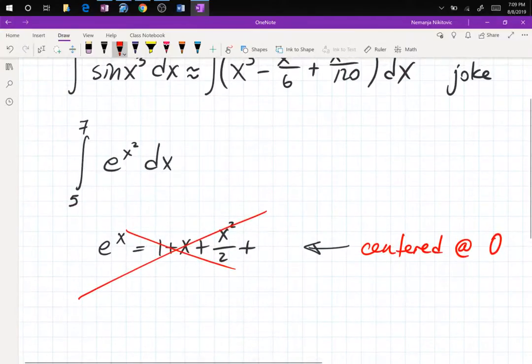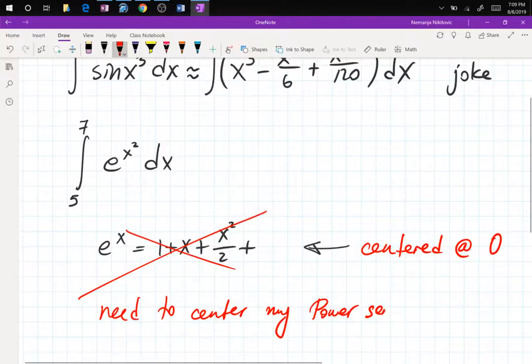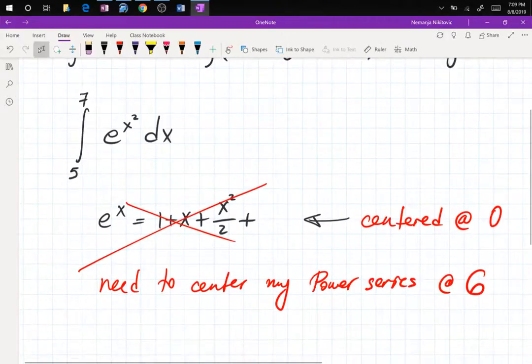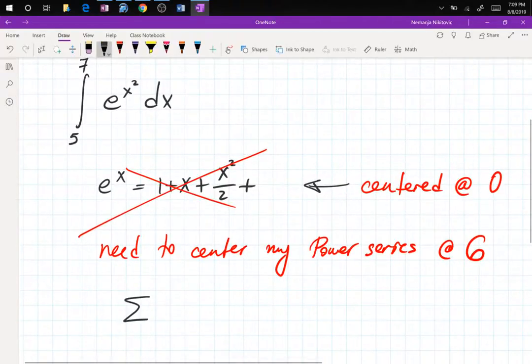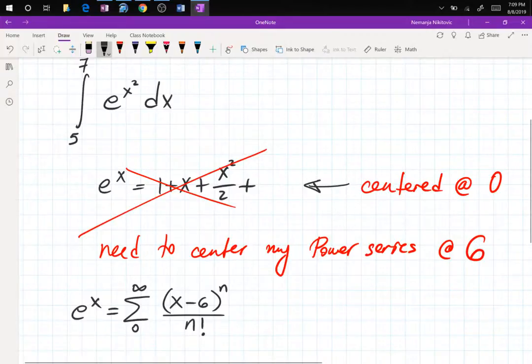I need to center my power series at 6, because that's going to be midway between 5 and 7. So now I'm going to have my power series for e to the x as the sum from n equals 0 to infinity of x minus 6 to the n divided by n factorial.